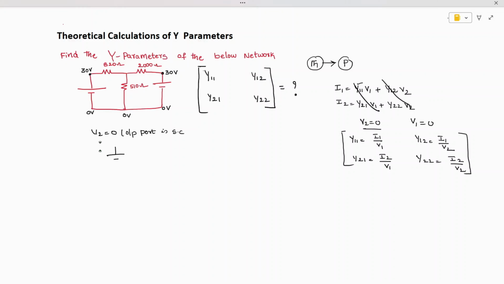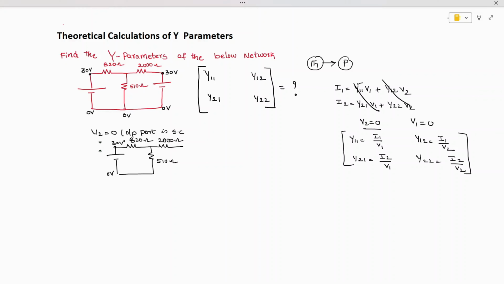We are exciting v1 with a voltage of 30 volts, and we have an 820 ohm resistor, a 510 ohm resistor, and the next resistor with a value of 2000 ohms.